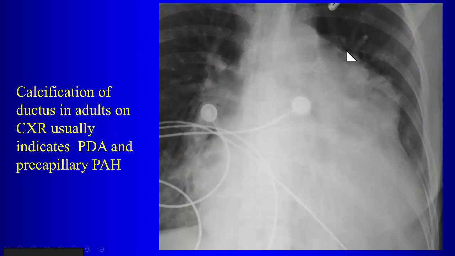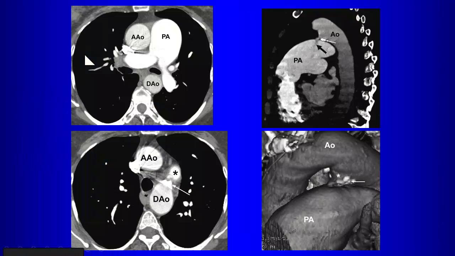Calcification here in the region of the AP window in somebody with very large central pulmonary arteries. On CT, we can see the calcification, and you can also see the communication between the aorta and the pulmonary artery.